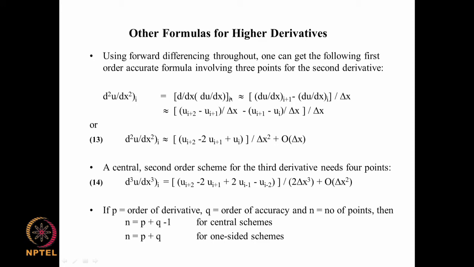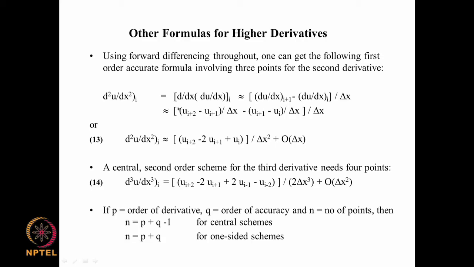Okay. So, for example, here you have i and you have i+1 and i-1, and the distance between the two is Δx. Earlier we had this one at i+1/2 and this one at i-1/2, so that we made it central. Now, we are making it forward here. Now, du/dx at i+1 can again be evaluated using forward differences as (u_{i+2} - u_{i+1}) divided by Δx.